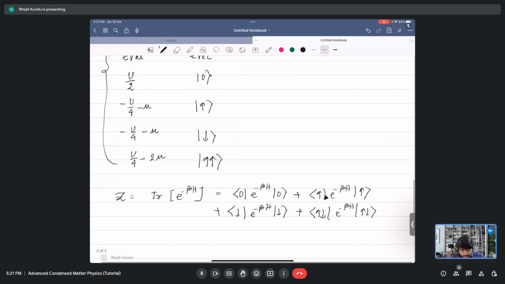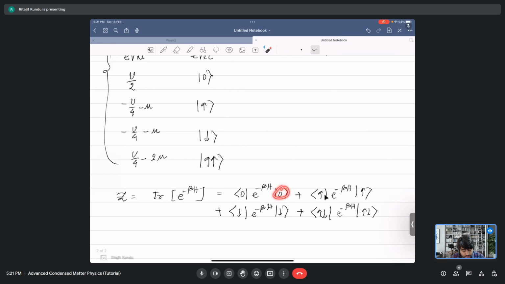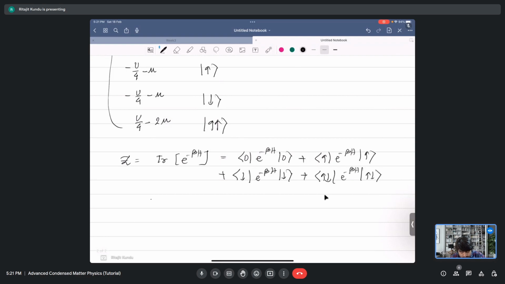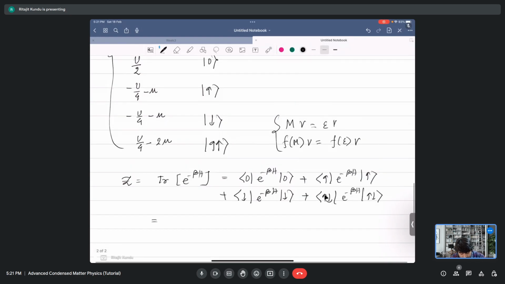As you see, these are already eigenstates, so you can directly write the eigenvalues. This is from something like the Cayley-Hamilton theorem: if the eigenvalue equation is like this, then a function f of M acting on v will give you just f of the eigenvalue times v. I will just use that.